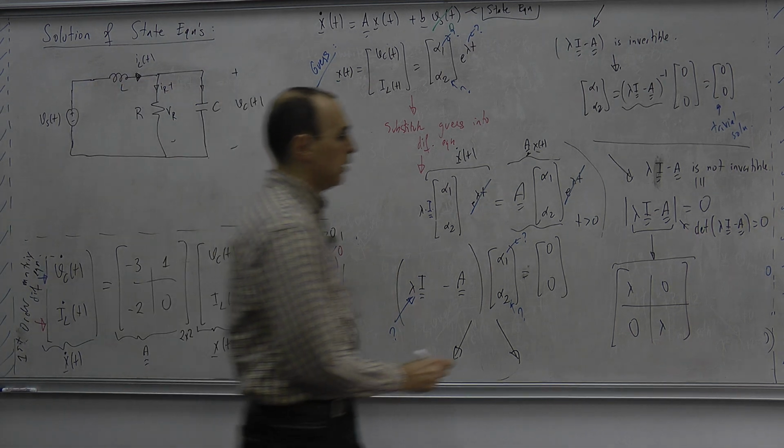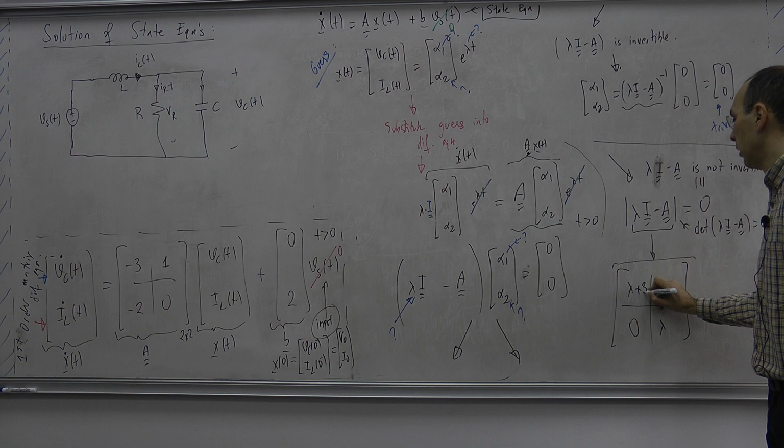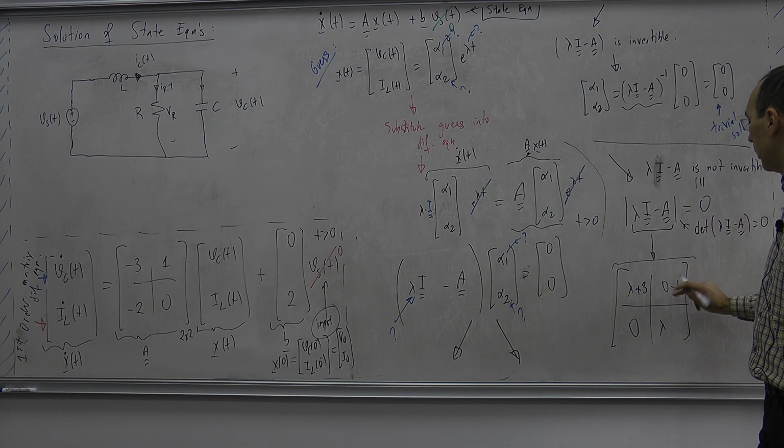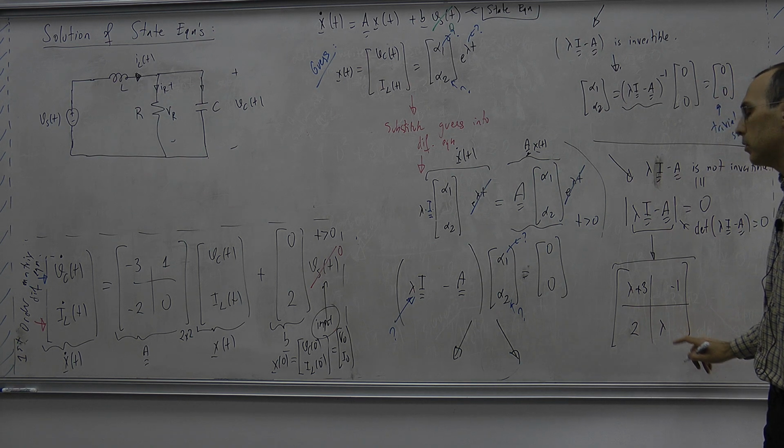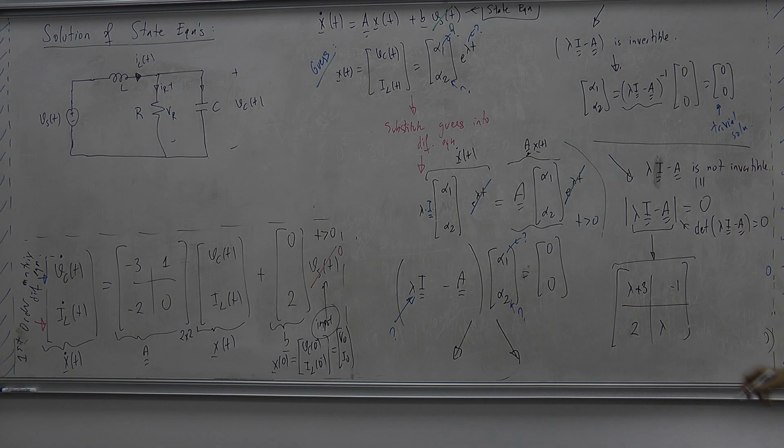Minus a is, I have 3, and I'm adding this, minus 1, 2, and this is already plus 0. That is it. So I should be calculating the determinant of this. What is the determinant of this one? This times that minus this product. Lambda times lambda plus 3, plus 2. Lambda square plus 3 lambda plus 2.